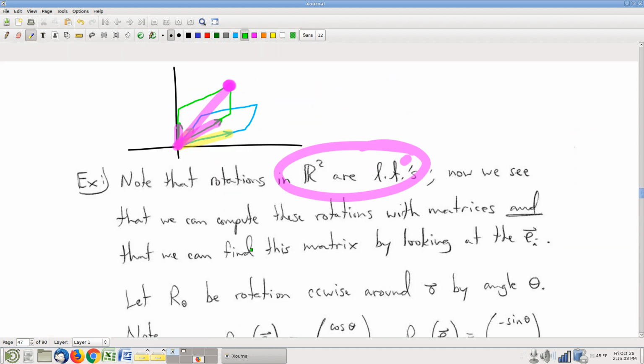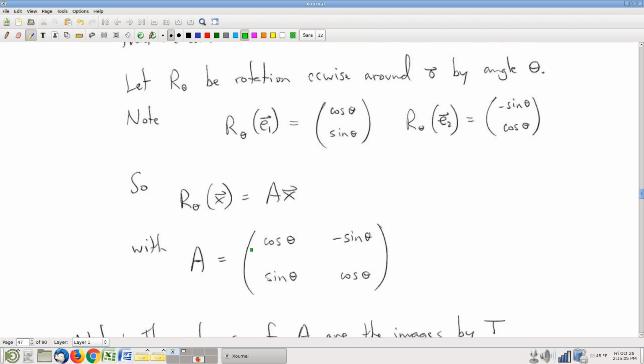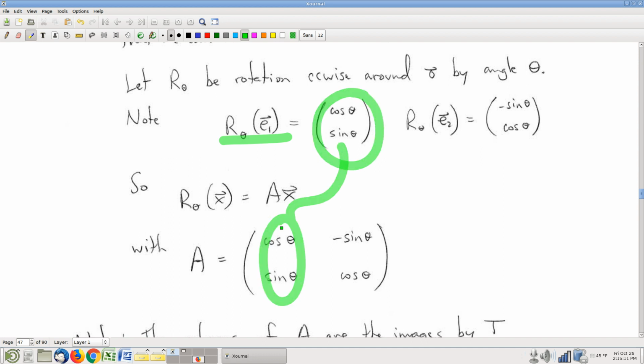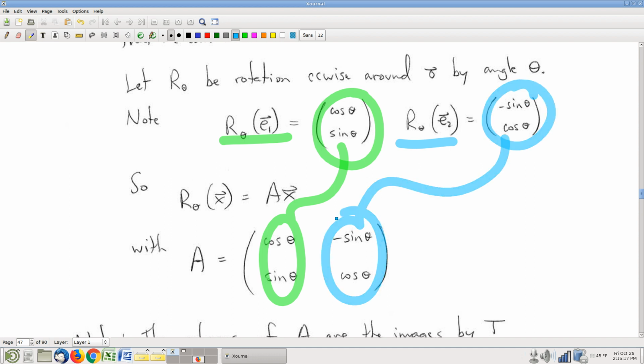So I can understand the rotation process by simply computing the rotation of the first standard basis vector. That becomes my first column. Then a rotation of the second standard basis vector. I'll show you the pictures of those in a second. That becomes my second column. And there you go. There's your matrix. That matrix does rotations by whatever the angle theta is.